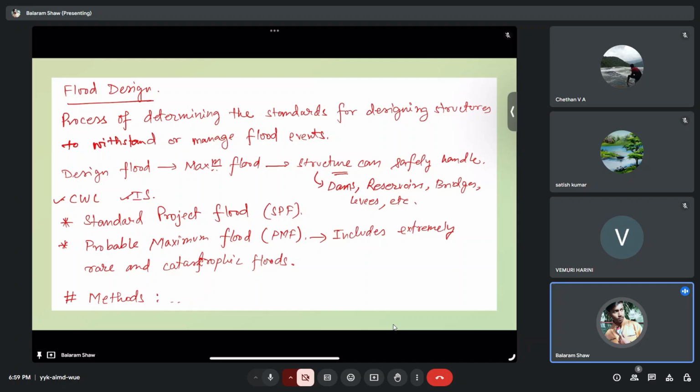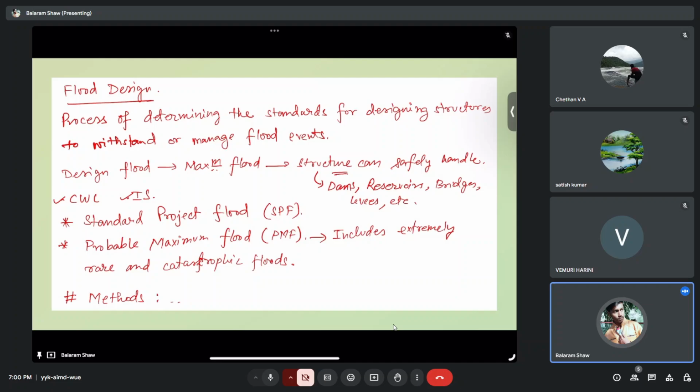Then we have envelope curves built for some regions, we can use that also. We have the overland flow hydrograph, the unit hydrograph, the rational method, the design storm, and also flood frequency analysis. Based on all this, we do the design flood.